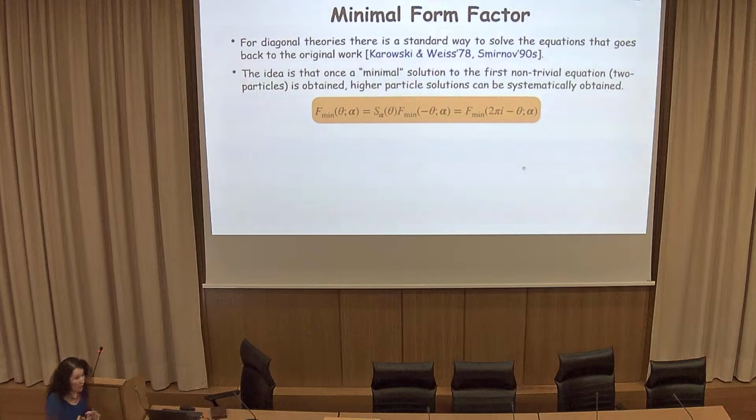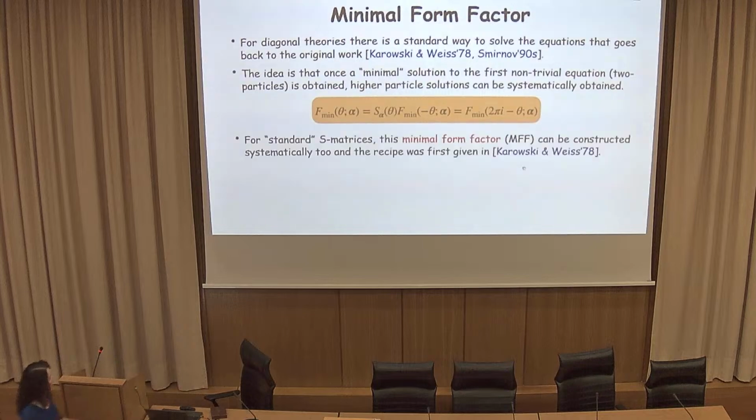And actually, because of relativistic invariance, if your field is spinless, okay, so remember this is for talking about form factors of a field, you can also argue that this function does not depend on two rapidities separately, it depends only on the difference. So in fact, the two particle form factor depends on one rapidity variable and then those couplings, if they are there. And you have these equations. Essentially, what happens if you change the sign of rapidity, what happens if you shift by 2 pi i. So that's where you start from. And there is a prescription to solve an equation of this type, which is known for a very long time. And it goes back to Karowski and Weisz already.